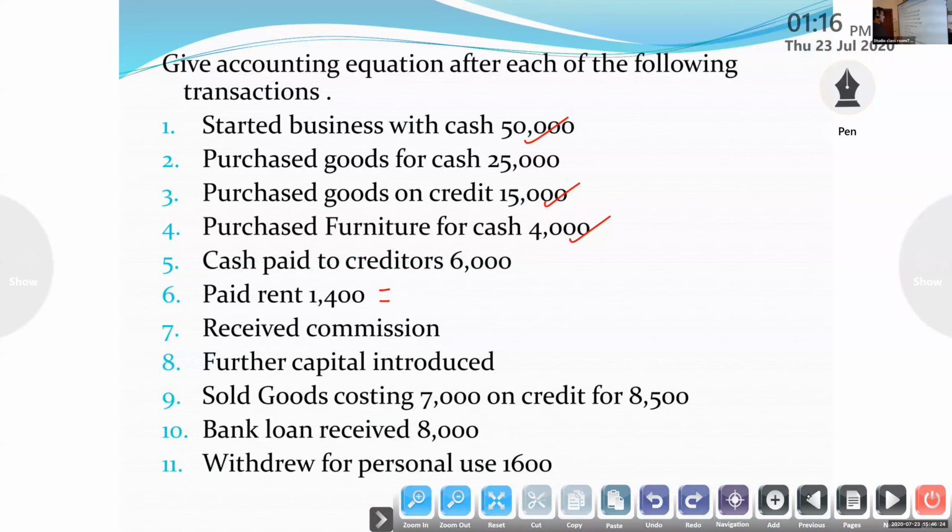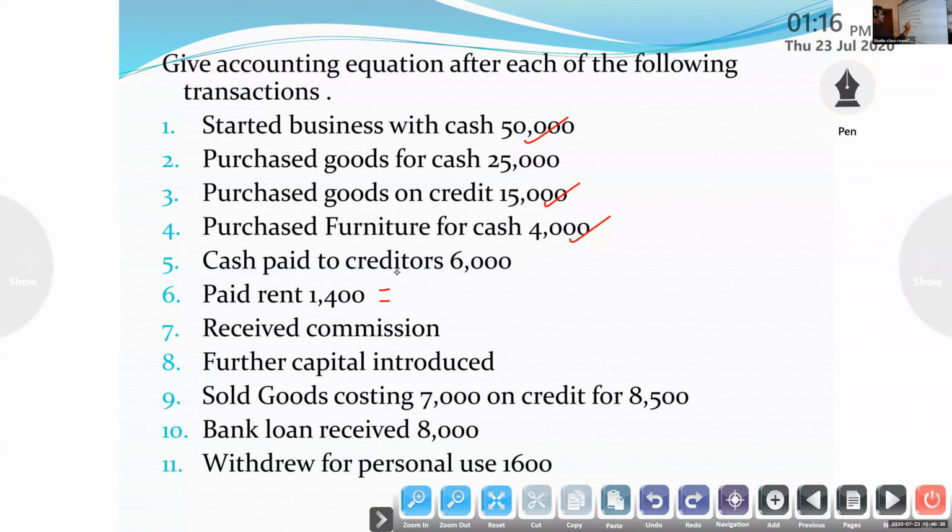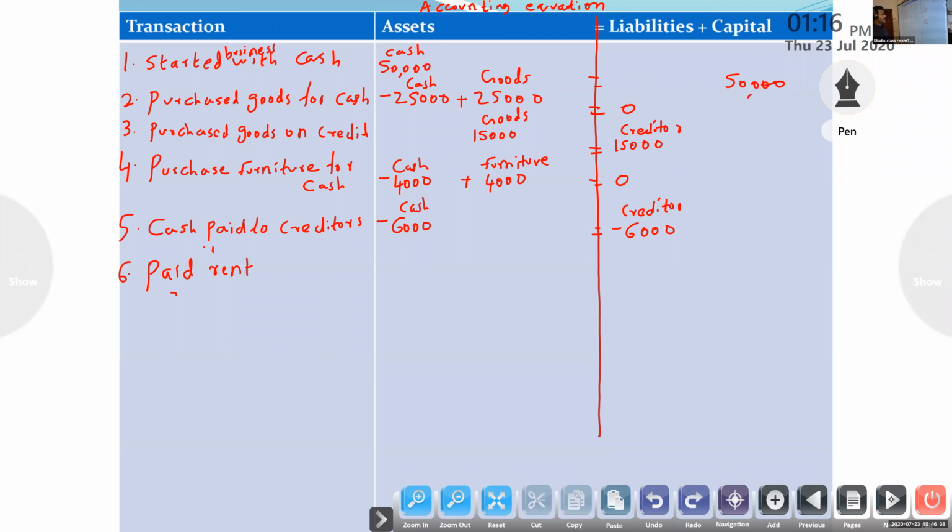So next, sixth one, paid rent. Amount 1,400.